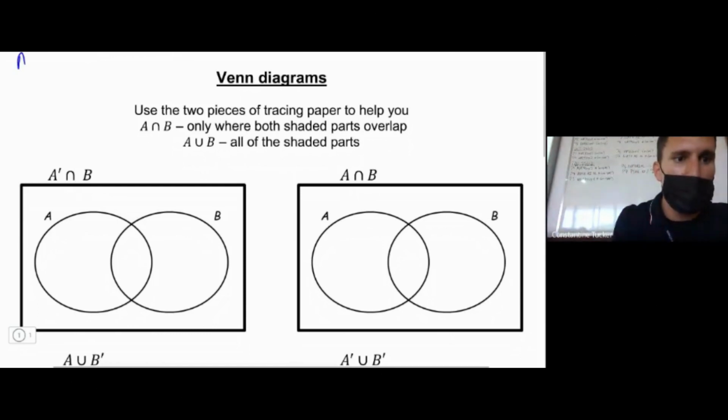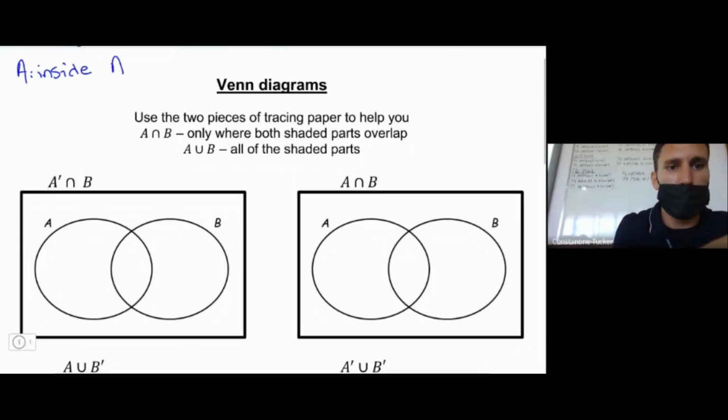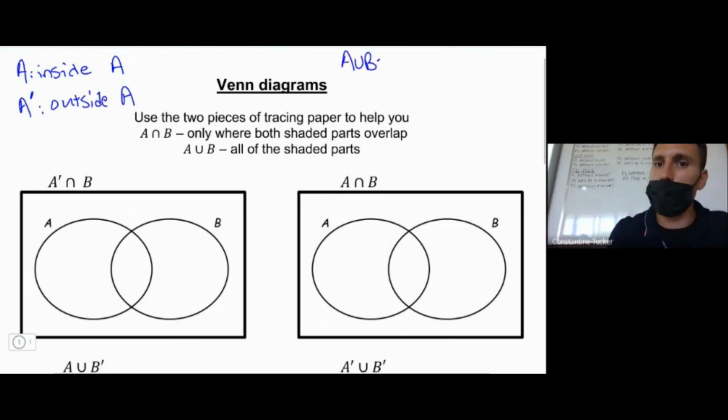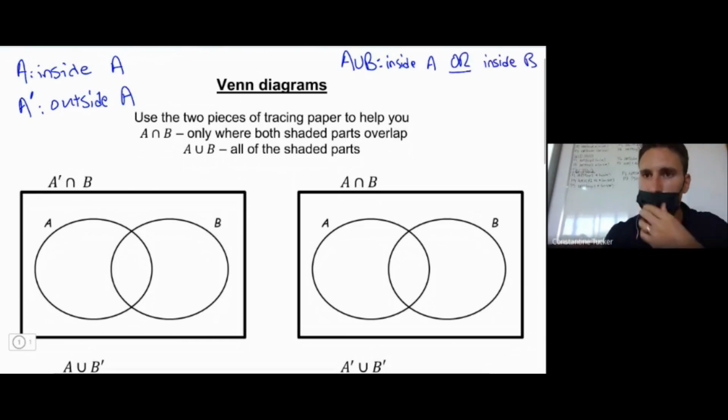So A we will translate into inside A, whereas A dash we will translate into outside A. That's simple. Now, A union B, bear with me, we will translate this into inside A or inside B. Keep this in mind.